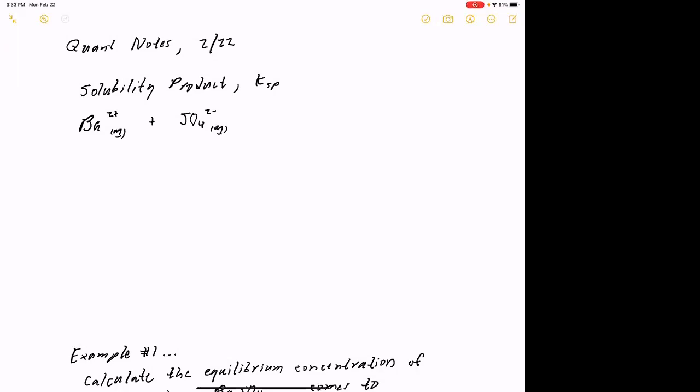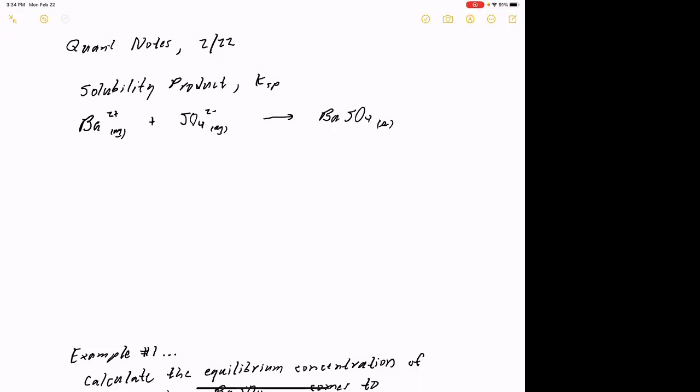Based upon our solubility rules, we're generating essentially a net ionic equation here, because I've gotten rid of all the spectator ions, just keeping things simple. I could now show these two ions coming together to form the insoluble species barium sulfate, BaSO4. And you'll probably remember that that's one of those insoluble compounds that you can make.